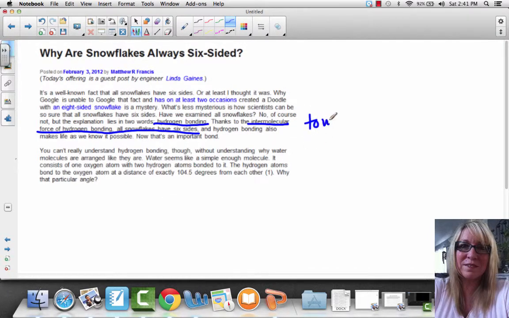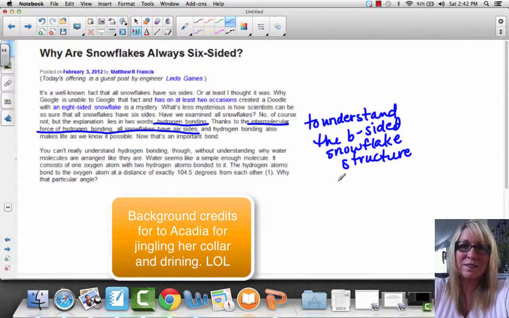So, to understand the 6-sided snowflake structure, I'm making myself some notes. We need to understand water molecules.